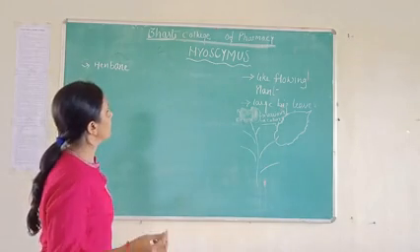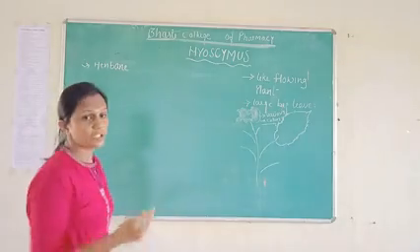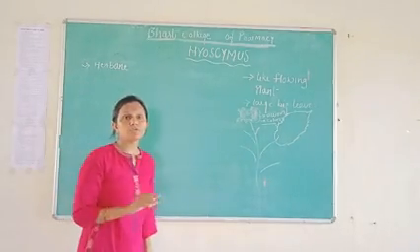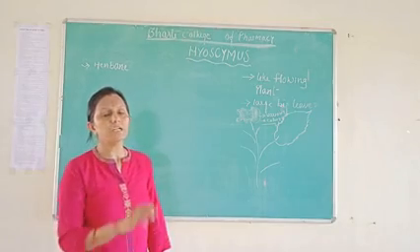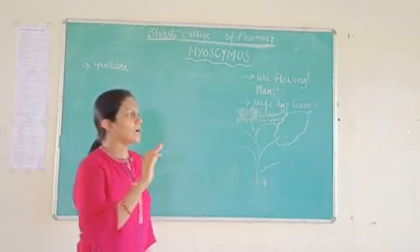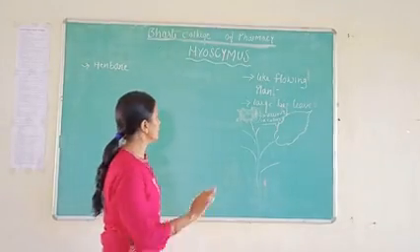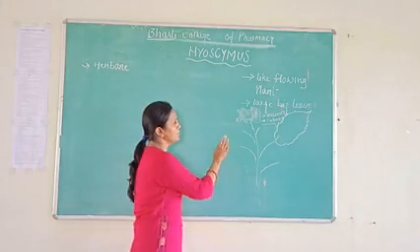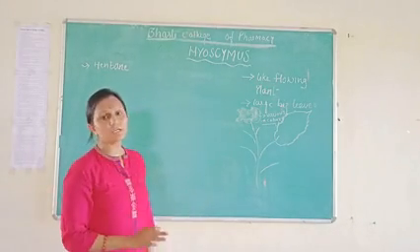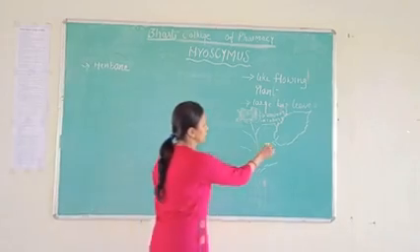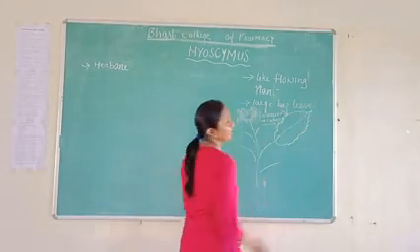Next we talk about their biological source. Biological source means from which part we obtain the Hyoscyamus drug. So in the Hyoscyamus plant, which organ part do we obtain as a drug? We obtain the leaf part as a drug.